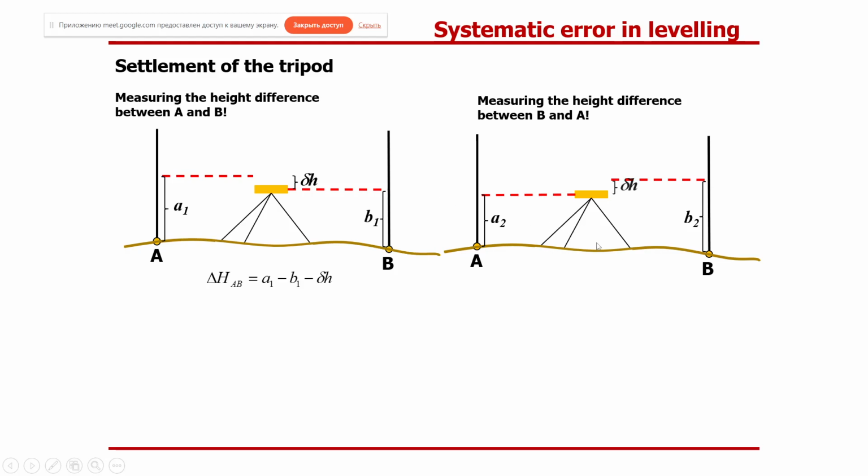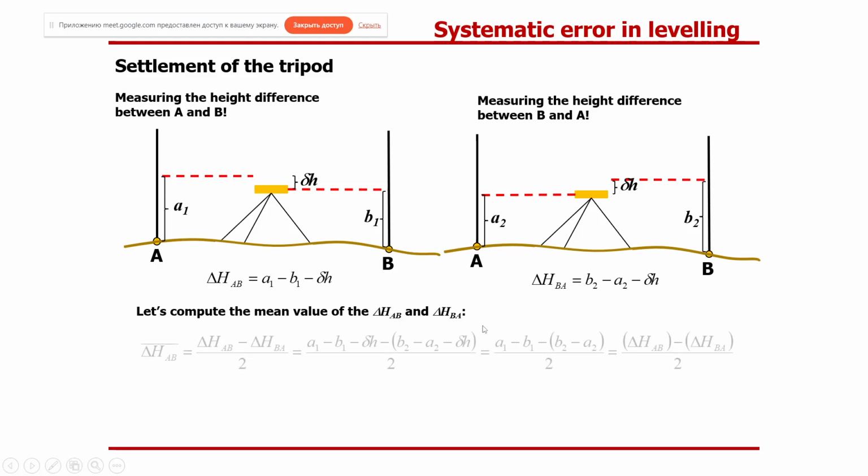So finally, the mean value of the delta H will be free of the height difference error.